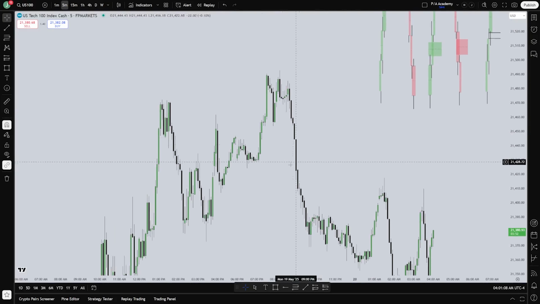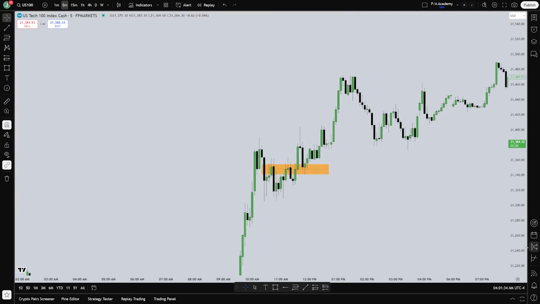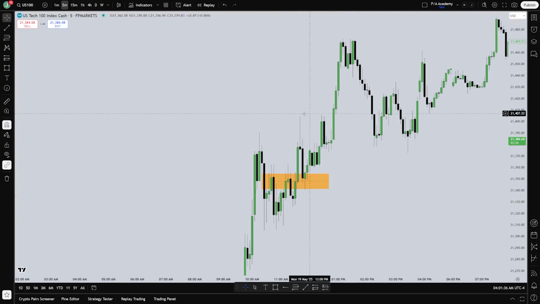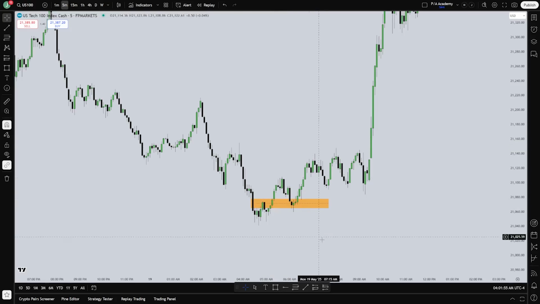So it kept holding it as resistance, came above it with strength, also taking out this high, came back down into it, holding the low, bodies above the consequent encroachment, displacing higher, targeting highs. Again, another one to the upside, broke to the upside, holding as support, and we are gone.